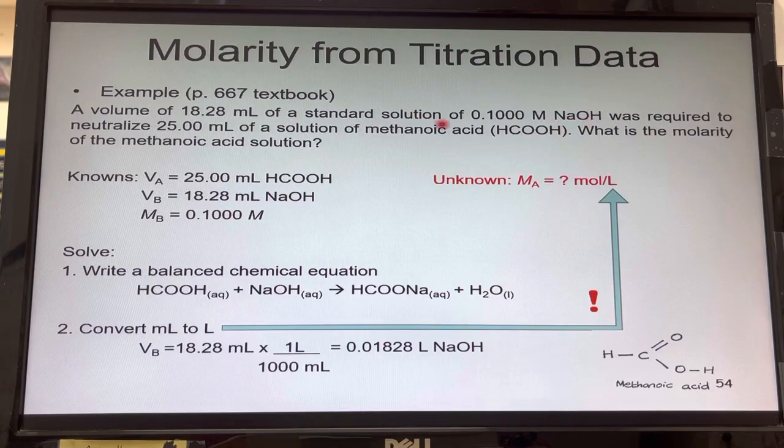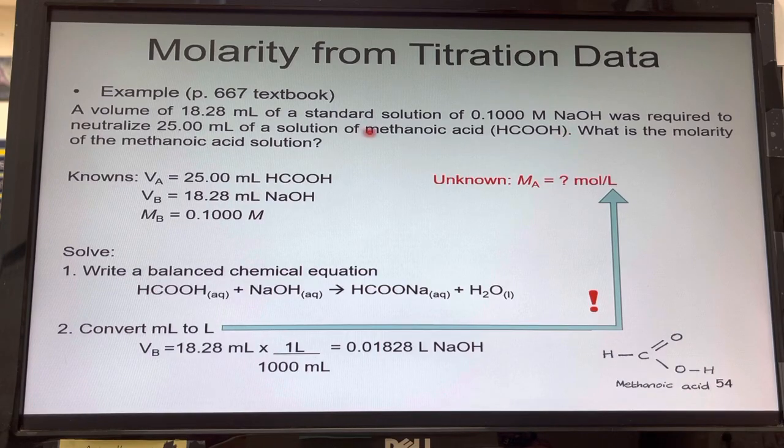You took a known solution, a known molar concentration of a base, and you dripped in 18.28 milliliters of it. And then the color changed, okay? So technically you mixed 18.28 milliliters of base, sodium hydroxide, with 25 milliliters of this acid, methanoic acid.